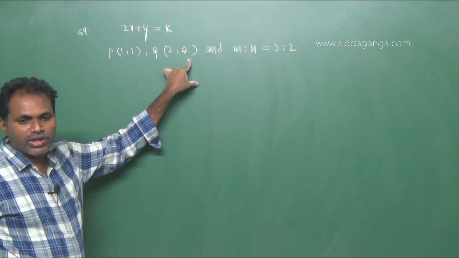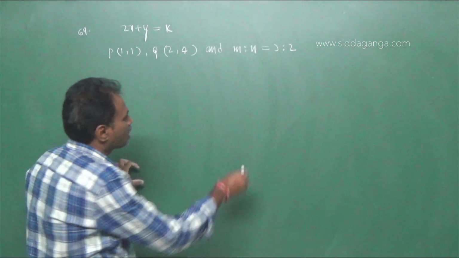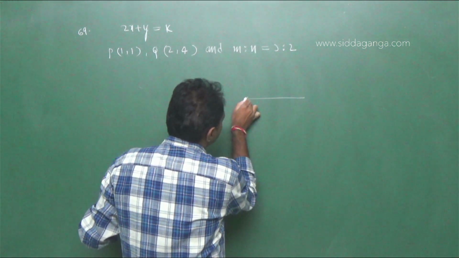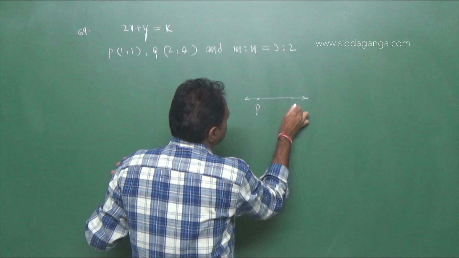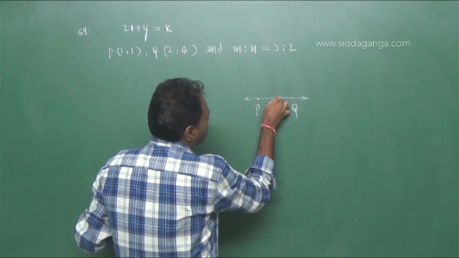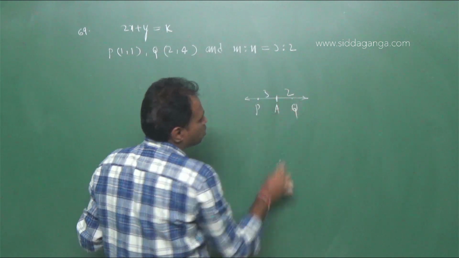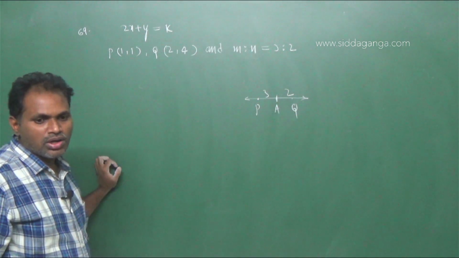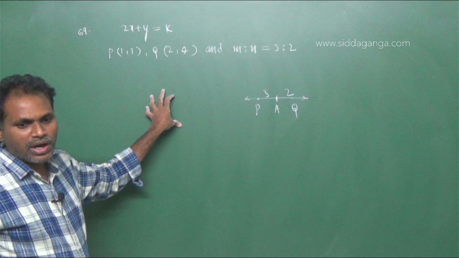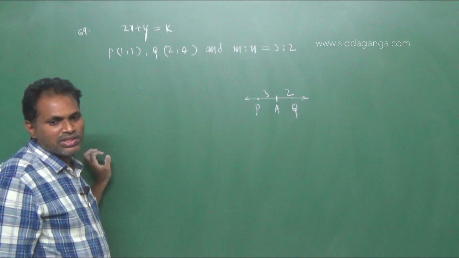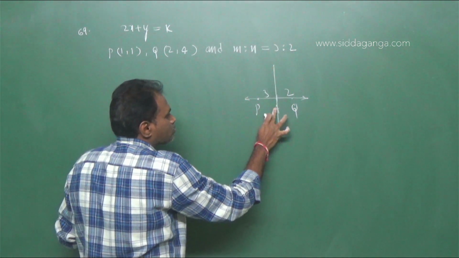If the line 2x plus y equal to k passes through the point which divides the line segment, here this is a line, it's a point P and it is Q. Now, a point A divides PQ in the ratio 3 is to 2.